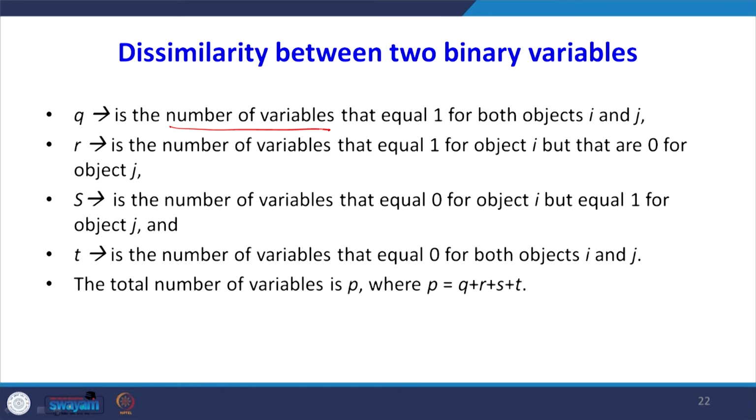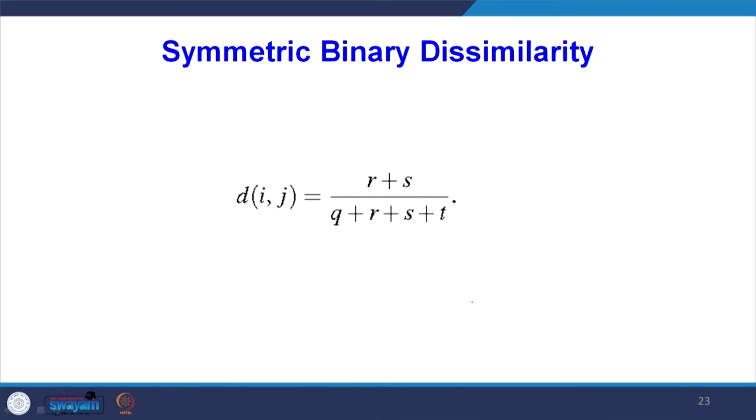R is the number of variables that equal 1 for object i but 0 for object j. S represents the number of variables that equal 0 for object i but equal 1 for object j. T represents the number of variables that equal 0 for both objects i and j. The total number of variables is p, where p equal to q plus r plus s plus t.